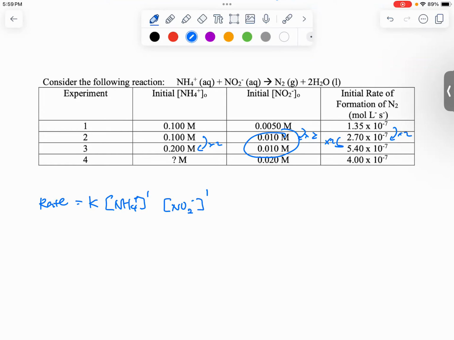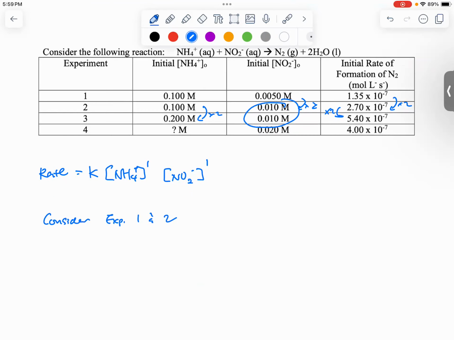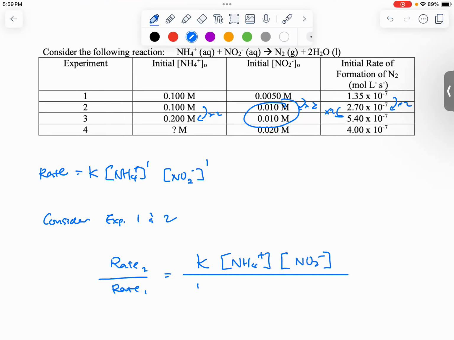Now, this is how you do it. So let's just say we consider experiment 1 and 2. So what we would say is this: rate 2 over rate 1 is equal to K[NH4+][NO2-] over K[NH4+][NO2-].